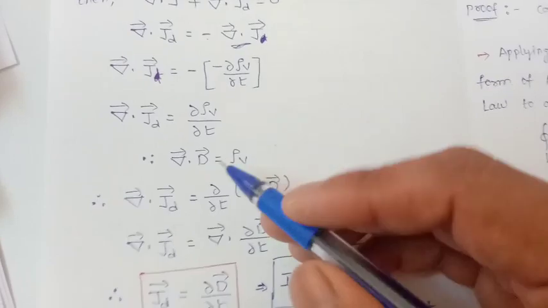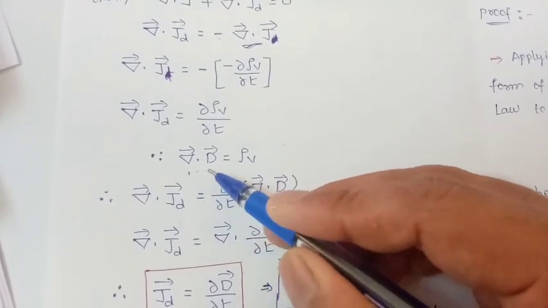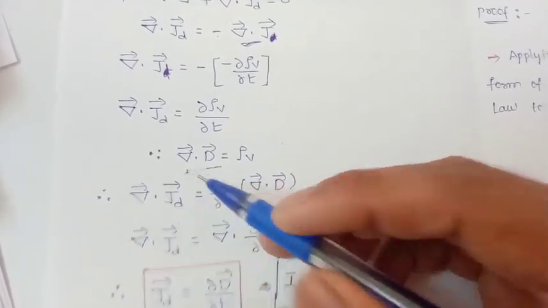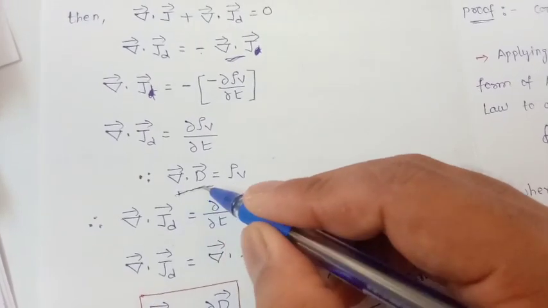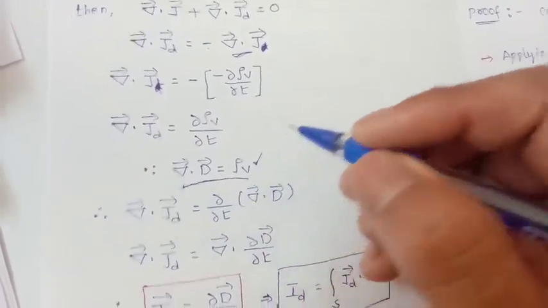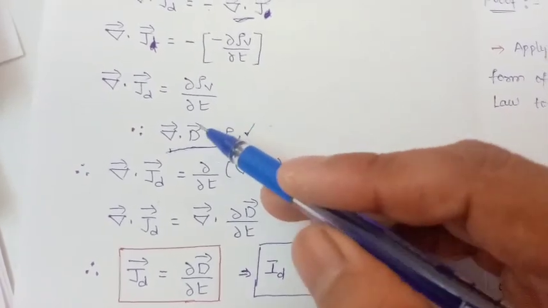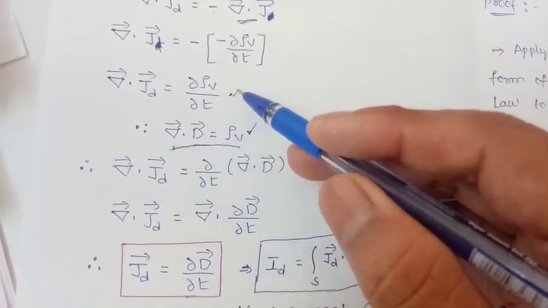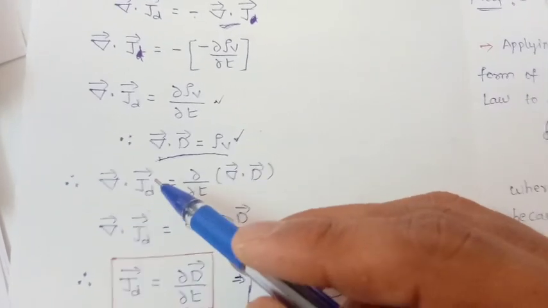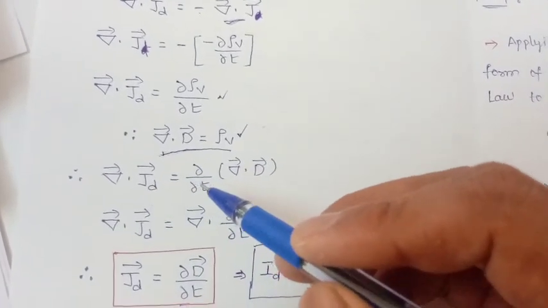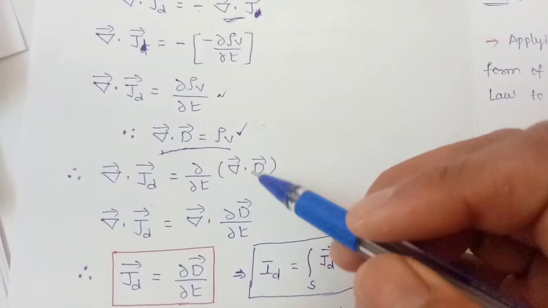From Gauss's law in point form, the divergence of electric flux density is equal to volume charge density. Substituting this expression, divergence of JD bar is equal to dou by dou t of del bar dot D bar.